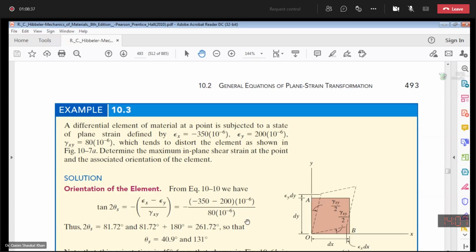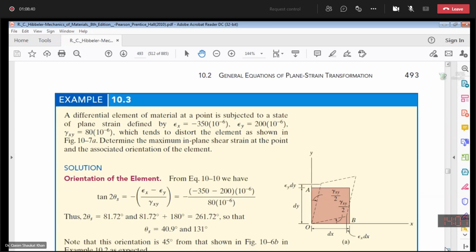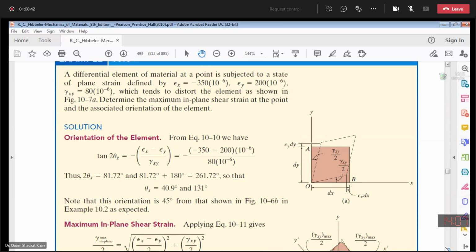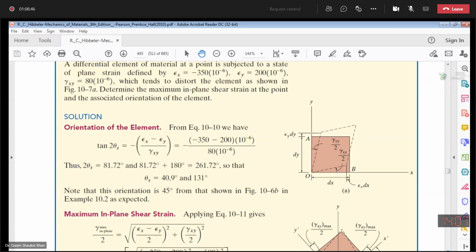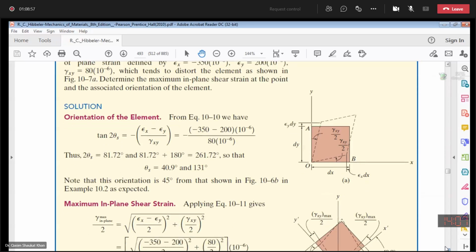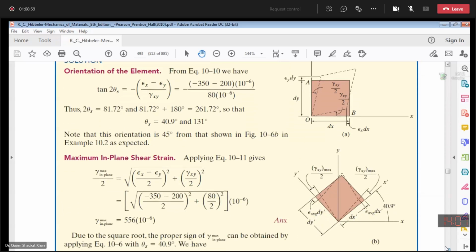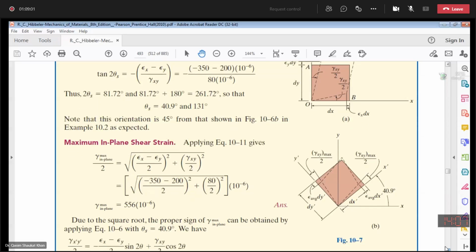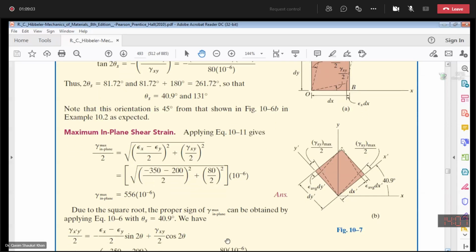Now, to calculate the maximum in-plane shear strain, you can use the direct equation, the square root of ((epsilon x minus epsilon y) over 2) squared plus (gamma xy over 2) squared, or you can use the strain transformation equation, this one.